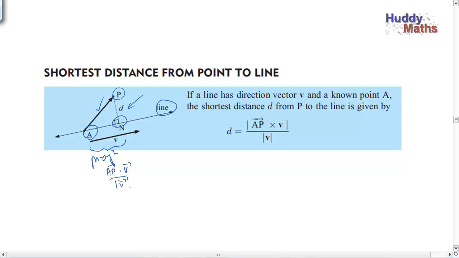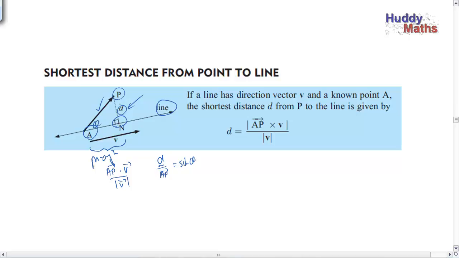I hope you remember that derivation. A dot product, you get that. Well, this is going to be pretty similar because we want d, and you can say here that d over the length of AP is the sine of that theta there, isn't it?